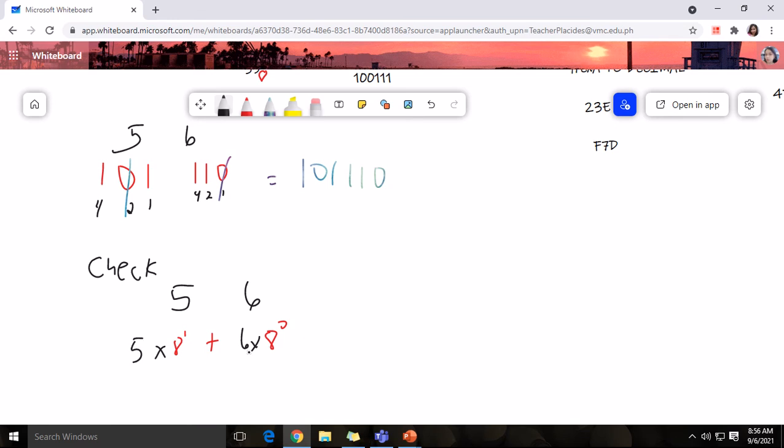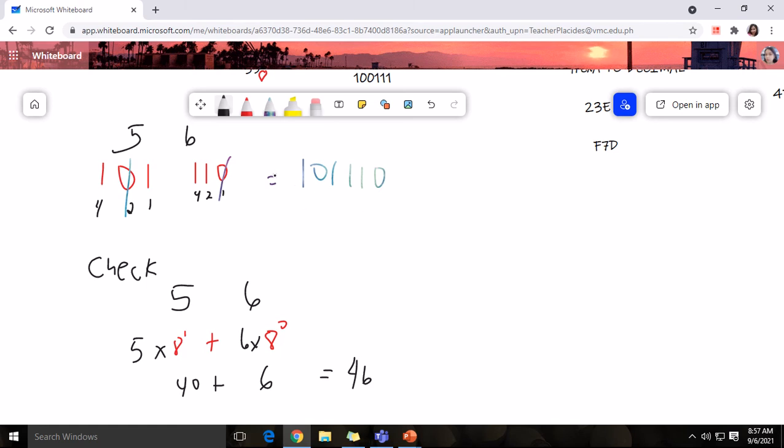So 6 times 8 to the exponent 0, which is equivalent to 1, is 6. And 5 times 8 is equal to 40. So the correct answer is 46.